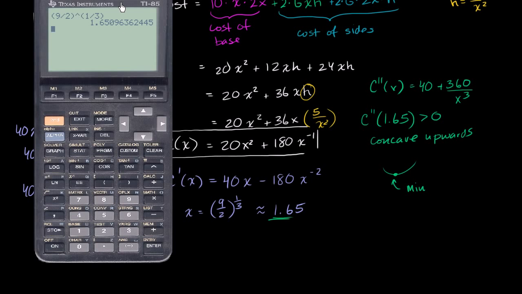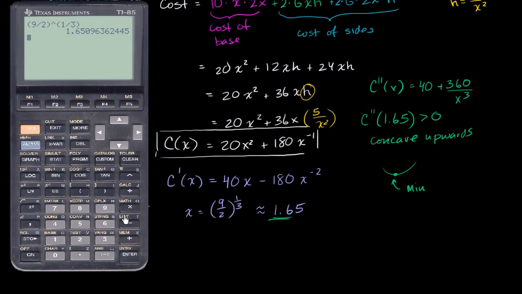So let's do that. We get our cost is going to be equal to 20 times 1.65, I should say approximately equal to, because I'm using an approximation of this original value, 1.65 squared plus 180, I could say divided by 1.65. That's the same thing as multiplying by 1.65 to the negative 1.